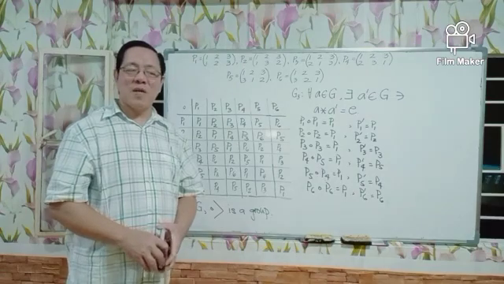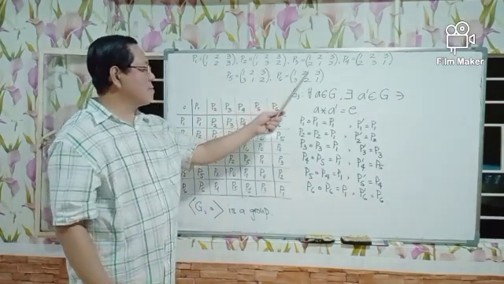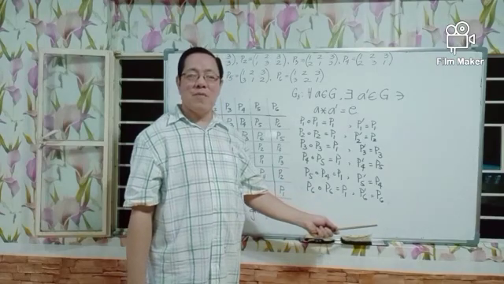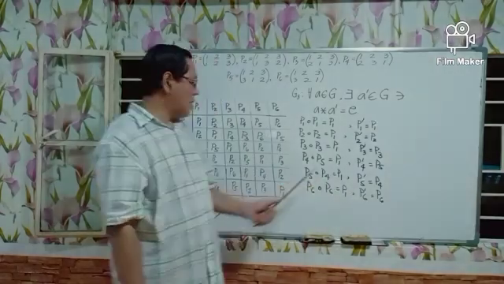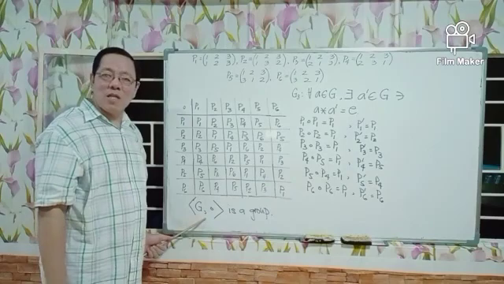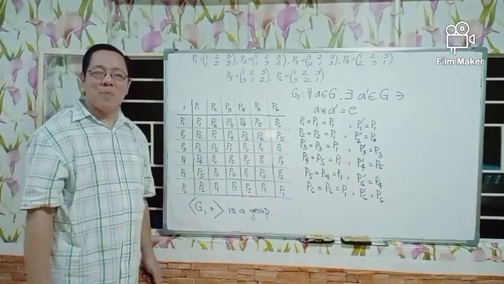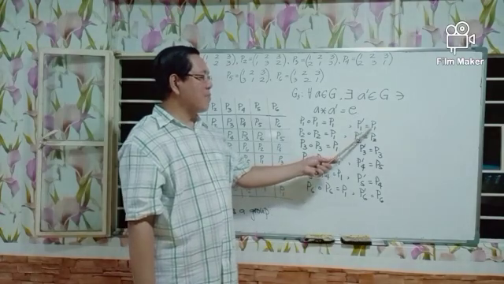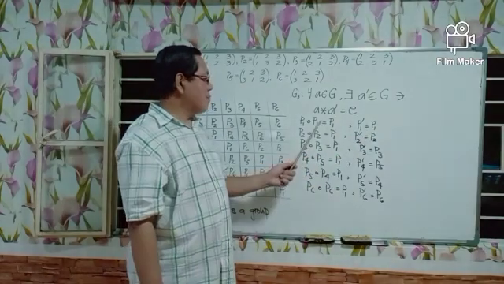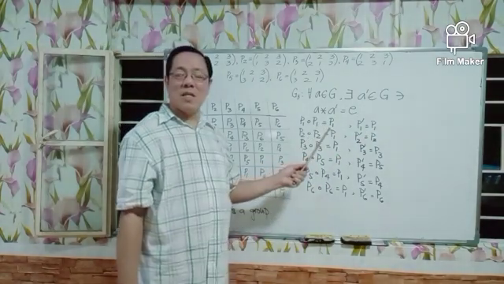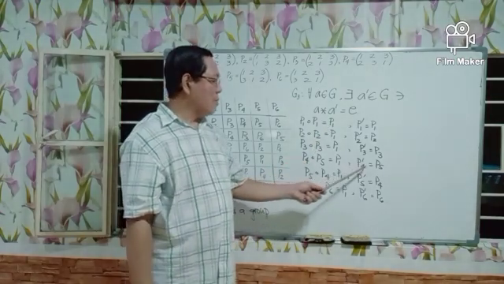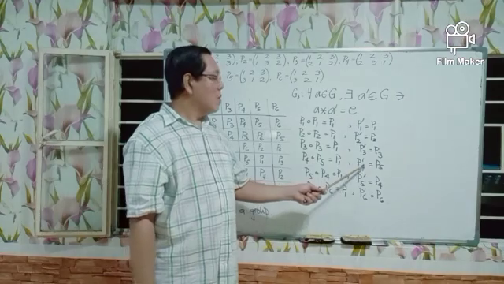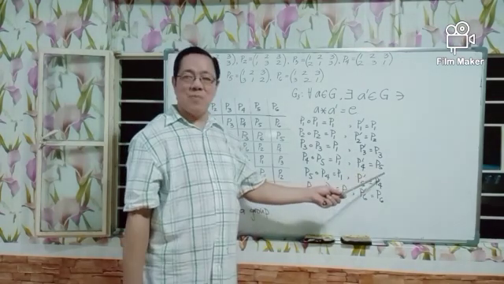Thus, the inverse of each of these functions exists, and the inverse elements are also elements of set G of functions P1 up to P6, such that if you combine the inverse of P1 with P1, the result is the identity element P1. If you combine the inverse of P4 with P4, the inverse of P4 is P5.